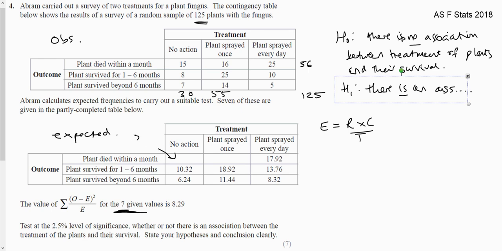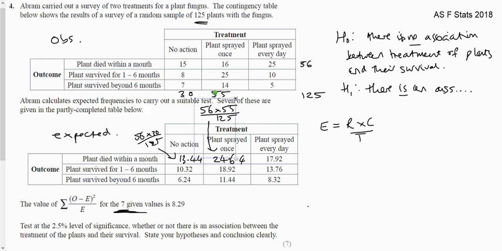So this one is going to be 56 times 30 over 125, and this one here is going to be 56 times 55 over 125, and I can fill those in, using the same accuracy they've got in the table there. So that's 2 decimal places. Okay, and then that's all filled in now.